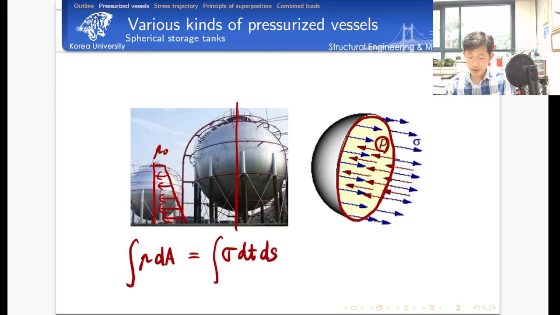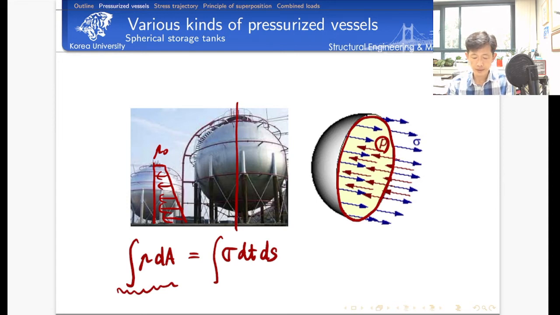So here actually the calculation of this quantity is pretty obvious, because here we introduce the no gravity condition. The pressure is constant. So once we know the inner cross-sectional area of the vessel, then we can calculate it very easily.